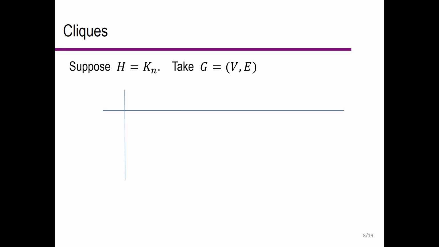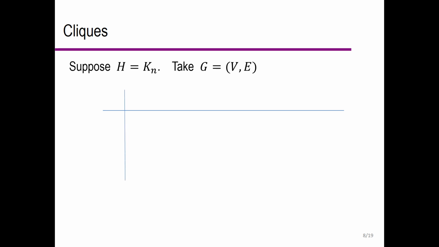The algorithm for cliques is a little bit more interesting. So the old simple algorithm for cliques works as follows. Suppose our target graph is an n-clique. Take some graph G. The algorithm is going to be dynamic programming, so we are filling up a table.